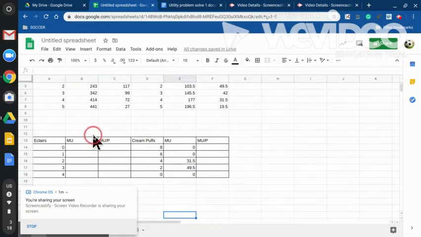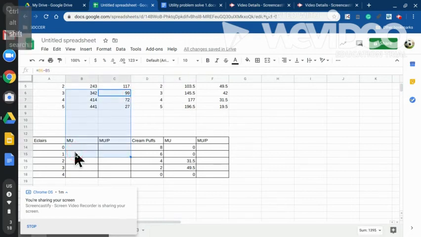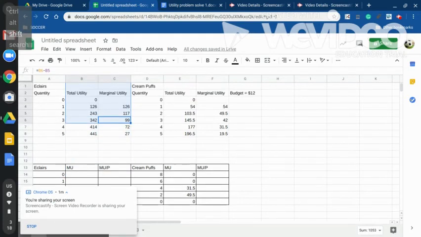Now for the eclairs, I can copy those and paste those right here.